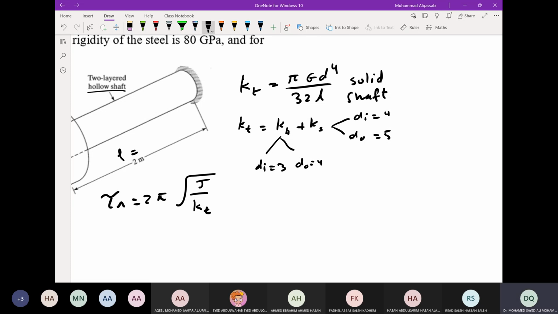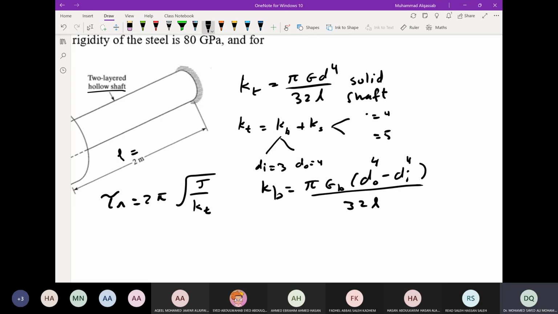Okay, and then you add them as in parallel. So it is KB plus KS. Okay, so KB is equal to pi G for the brass, D outer to power 4 minus D inner to power 4 divided by 32L.